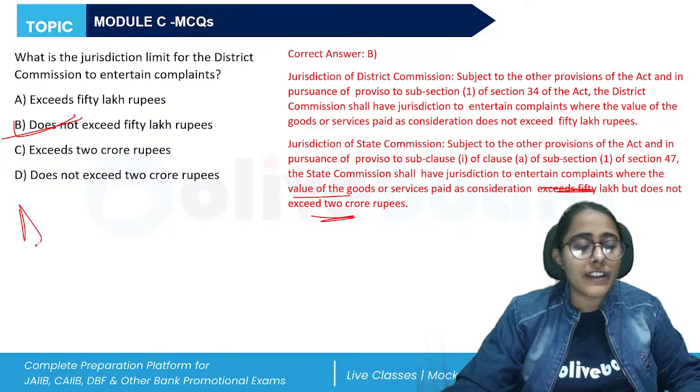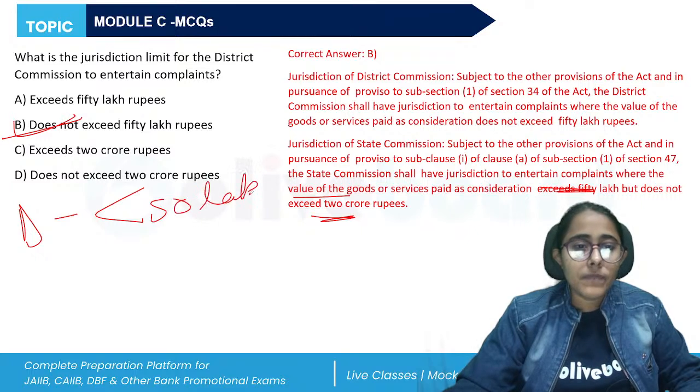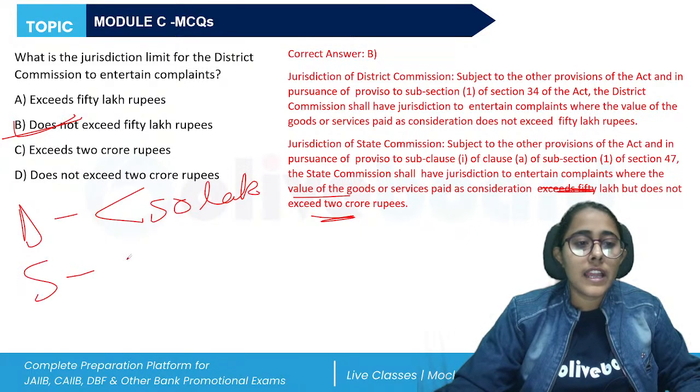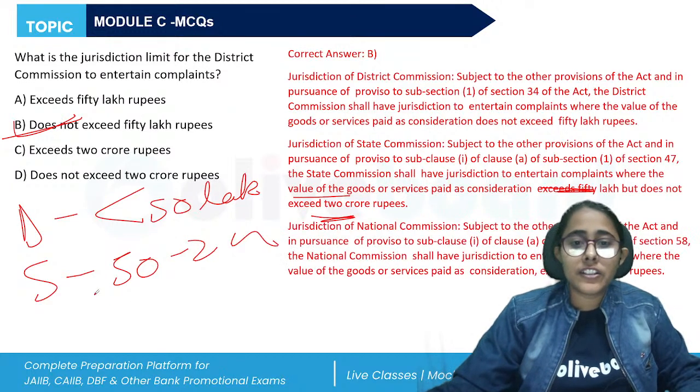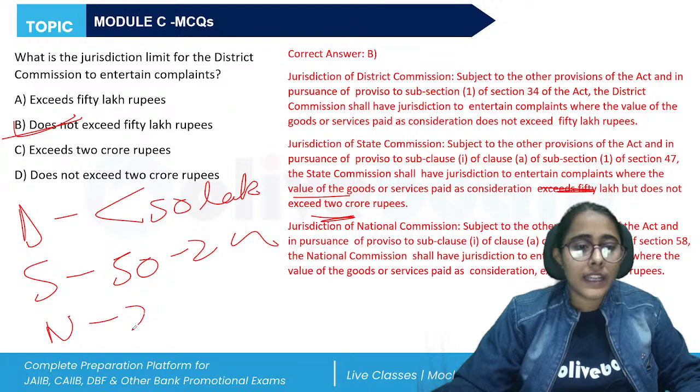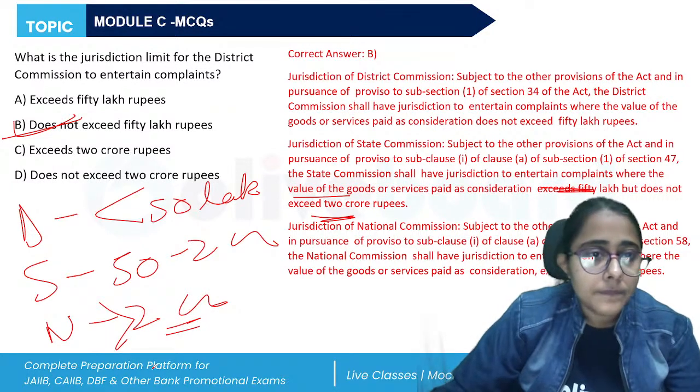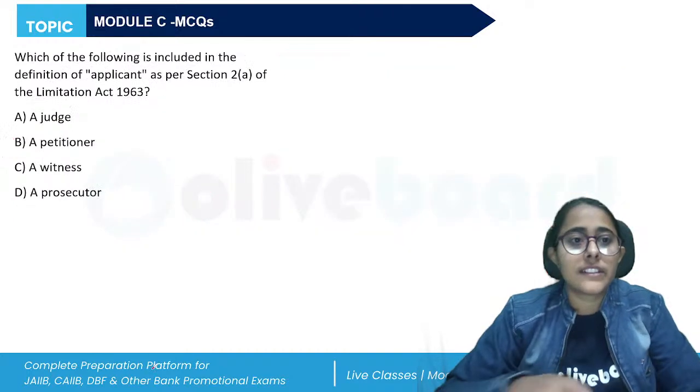So district, we will write this down as less than 50 lakh. For the state, jurisdiction is between 50 lakh to 2 crore. And for the Central National Commission, exceeding 2 crore. Exceeding or more than 2 crore.